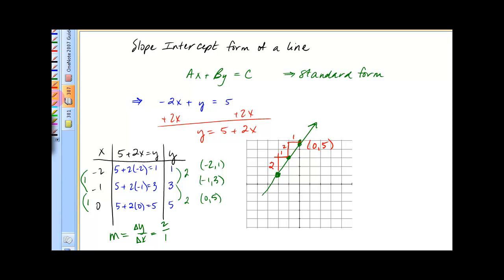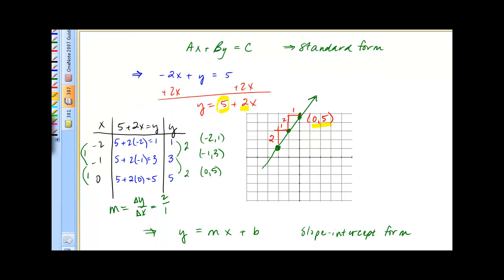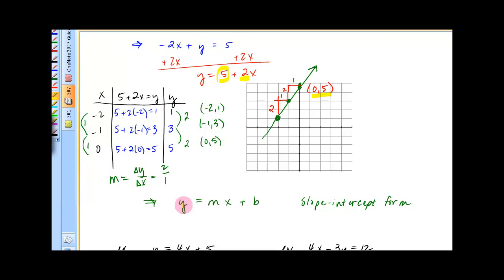So I want to highlight for you 2 things in this. It is no coincidence that when I took this equation and turned it into this equation where y is equal to 5 plus 2x, this 2 happens to be the slope. And this 5 happens to be the intercept. Okay, so what we get out of that is y equals mx plus b.